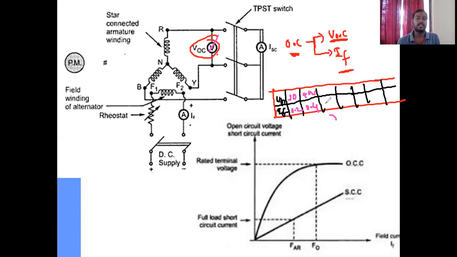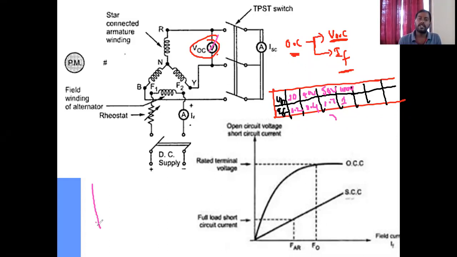Again the field current is increased by changing the rheostat position to 0.7, and for example 50 volts. Again changing the rheostat, we increase the field current to 1 amp and 100 volts. Like that we need to take more values, and if we take more values, we will get a smooth curve.